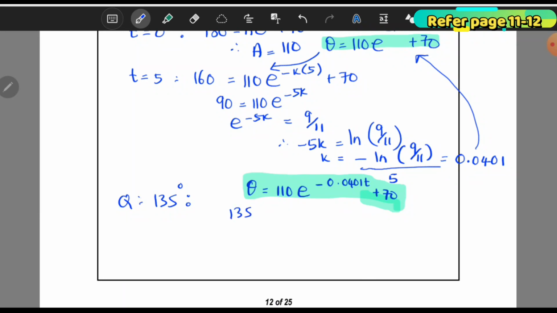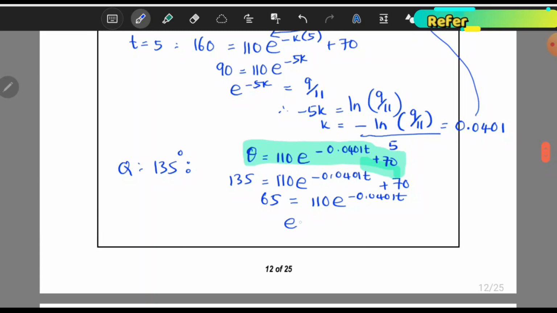So 135 equal to 110 exponent negative 0.0401 t plus 70. We simplify. We have 65 equal to 110 exponent negative 0.0401 t.